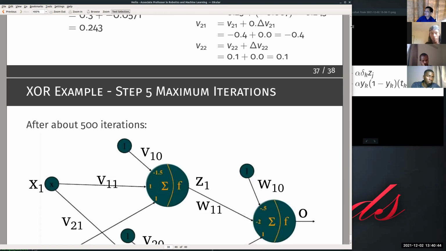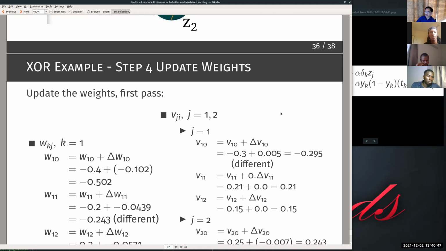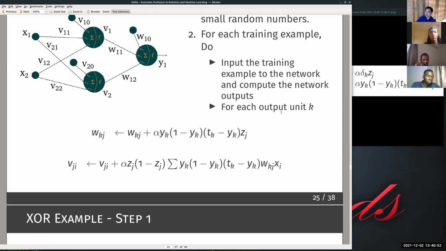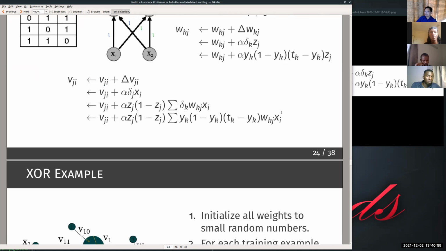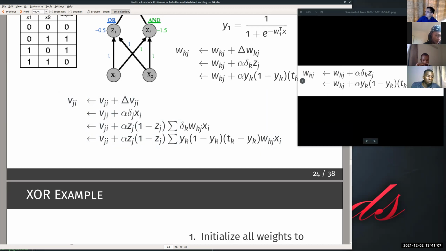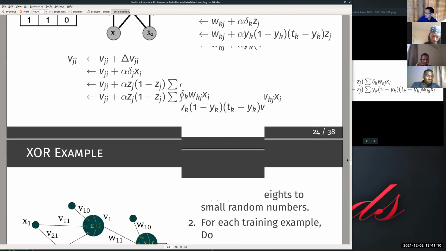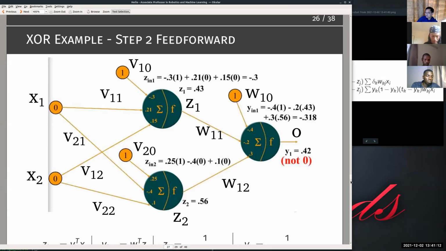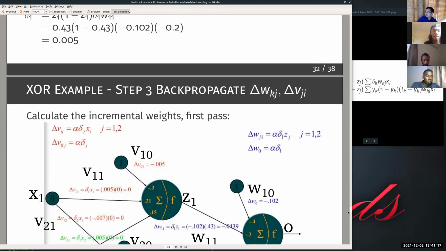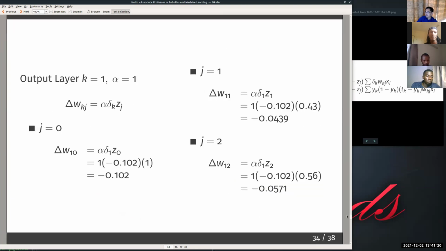I have a question. In the slides, the weights are written differently in those answers. Okay, let's see. Where you're computing W? The slide at the bottom, where we are updating W. This one?